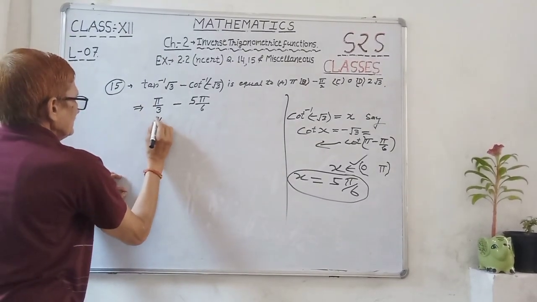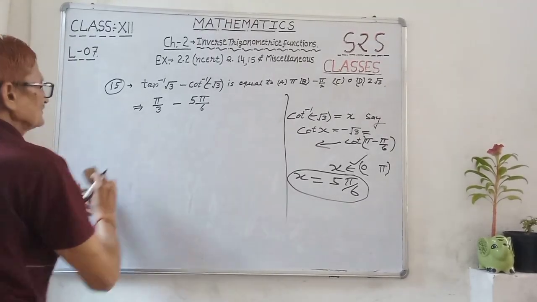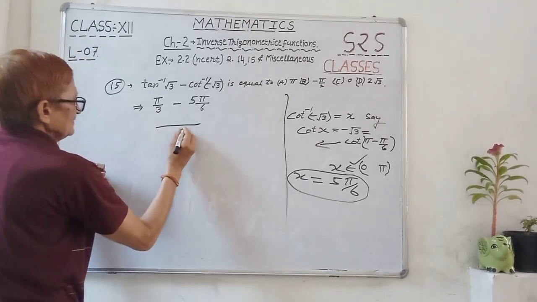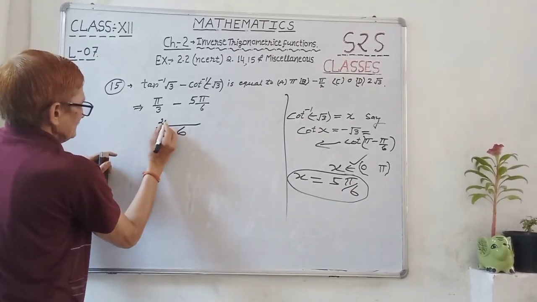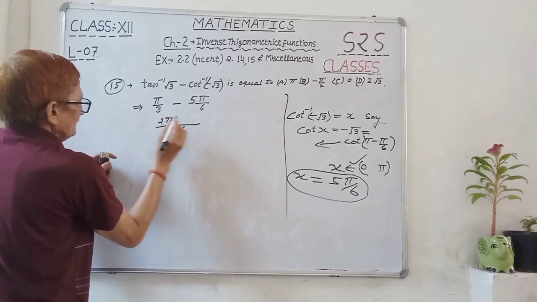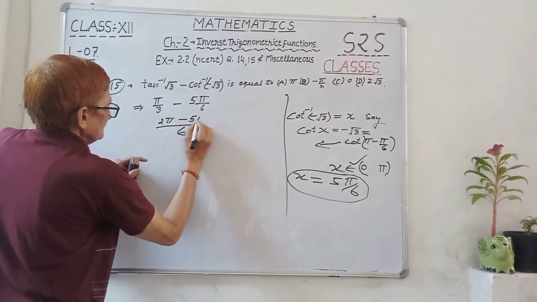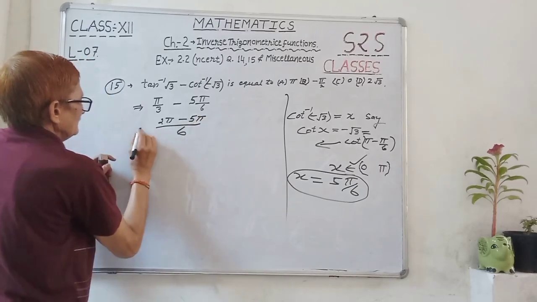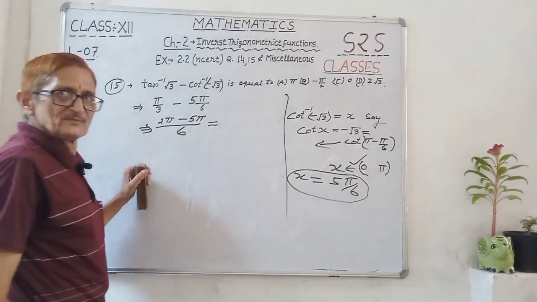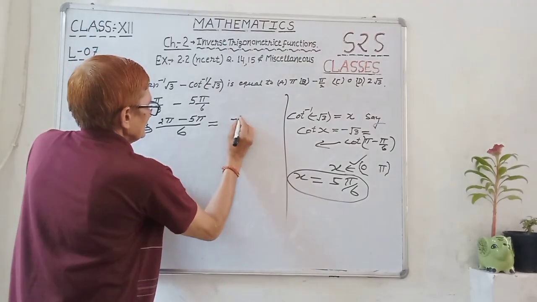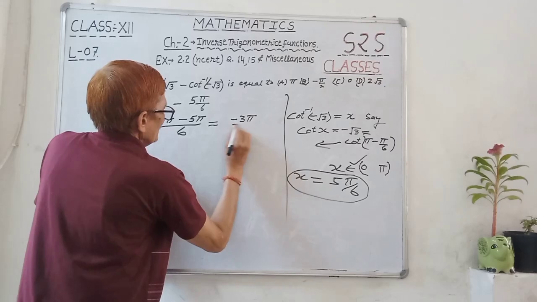This is pi by 3 minus 5 pi by 6. Taking the LCM of 6 and 3, which is 6, we get 2 pi minus 5 pi, which is minus 3 pi upon 6.